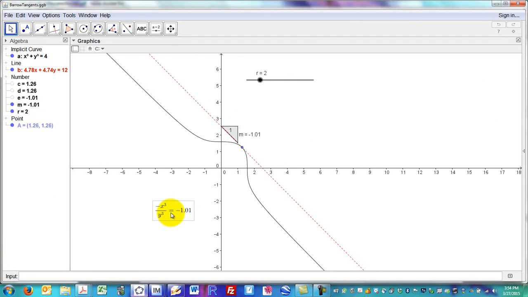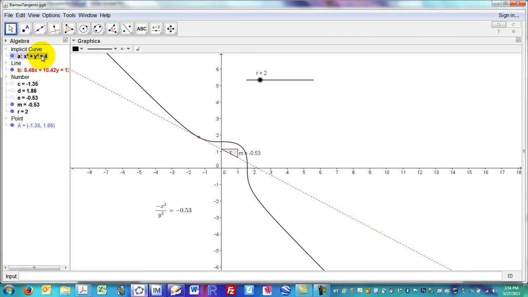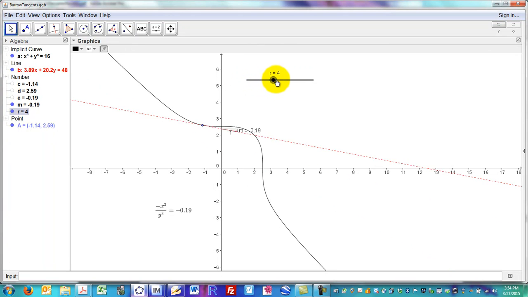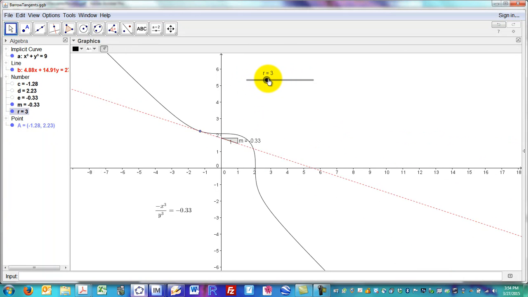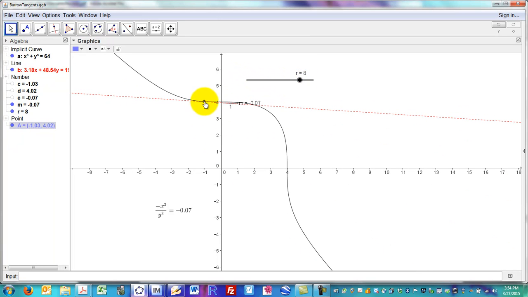So here's the expression that we just derived. I've picked a point on the curve, and this happens to be the curve for x to the third plus y to the third equals 4. And so 4 is actually this number r, so if I change it, it just changes the shape of the curve. When r is 9, we get something like that.